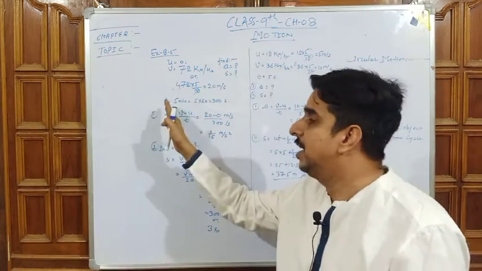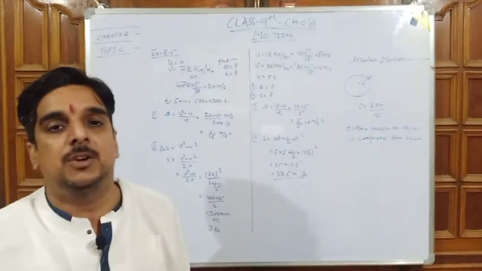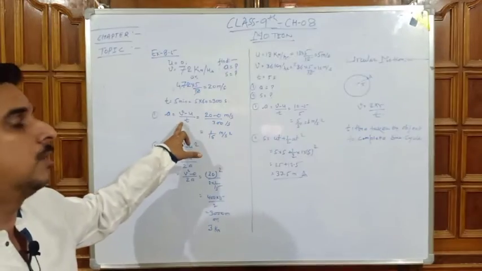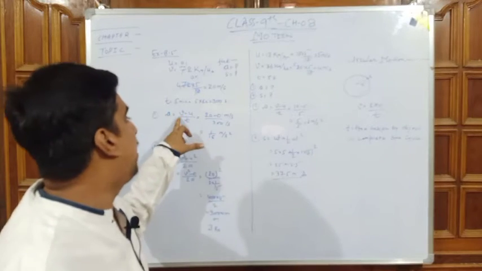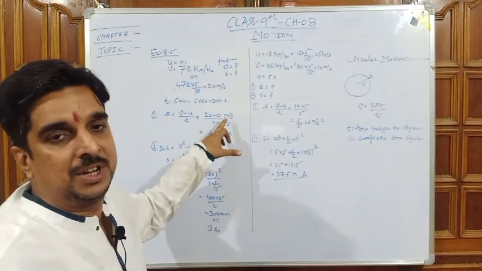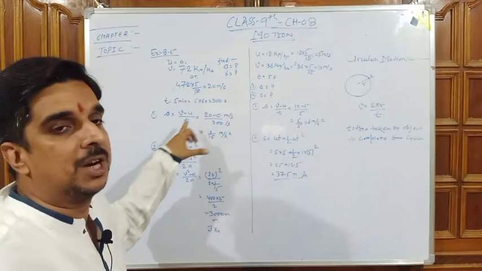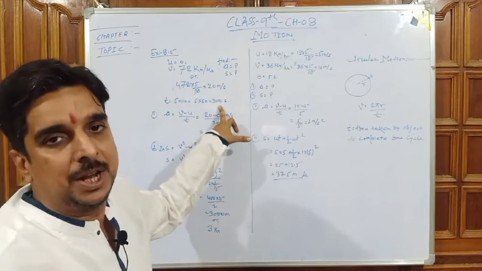I did all the things, and afterward I go to the basic concept of a is equal to v minus u by t. Here I wrote a is equal to v minus u by t. With the help of that we put final velocity 20, initial velocity 0 because the object was at rest, and total time taken 5 minutes, which after converting is 300 seconds.